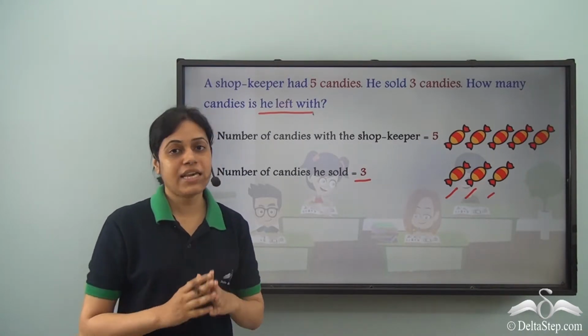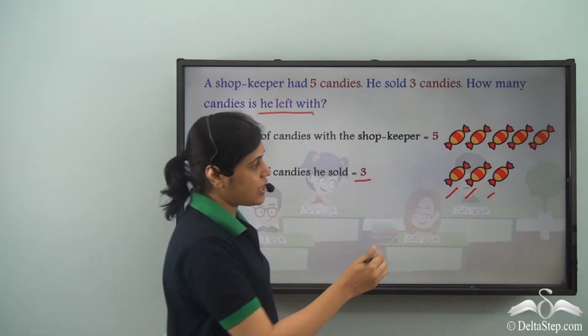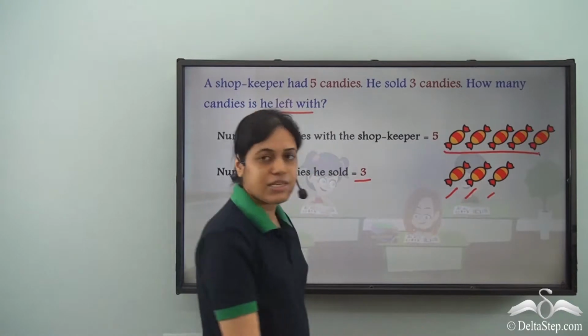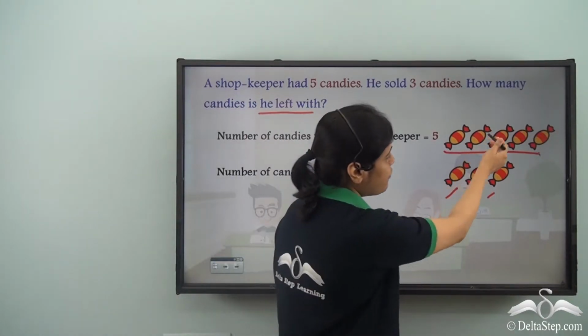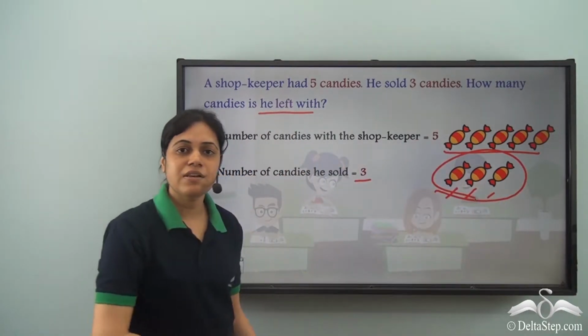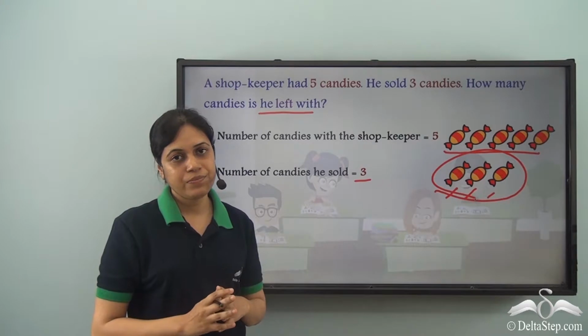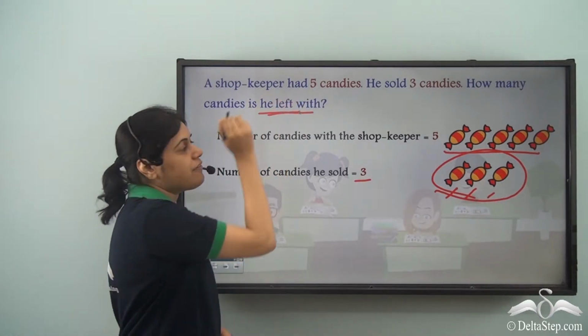We know that taking away means subtraction. So there were these 5 candies and from these 5 candies, these 3 candies were sold or taken away by someone. So what will he be left with?